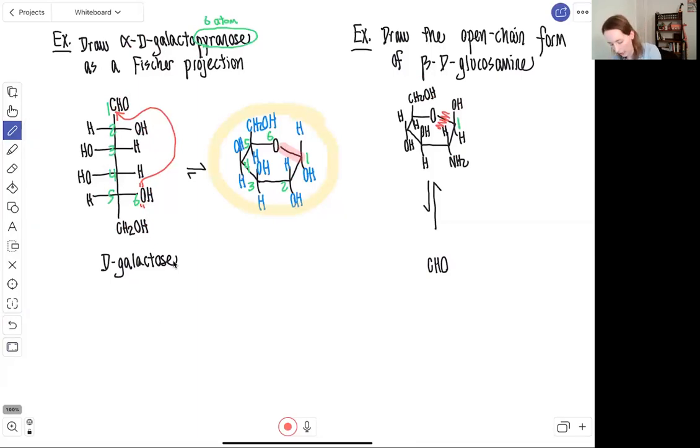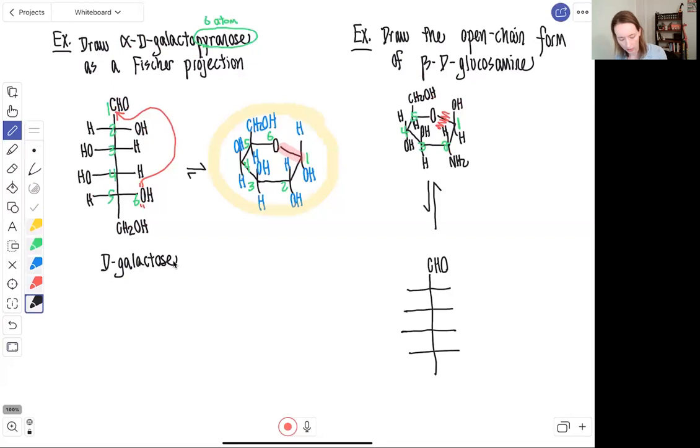And then we come around the ring to positions 2, 3, 4, 5. And we can go ahead and draw those out, represented by our Haworth projection. So I'm going to draw these 4 intersecting lines that represent those 4 carbons at positions 2, 3, 4, and 5.